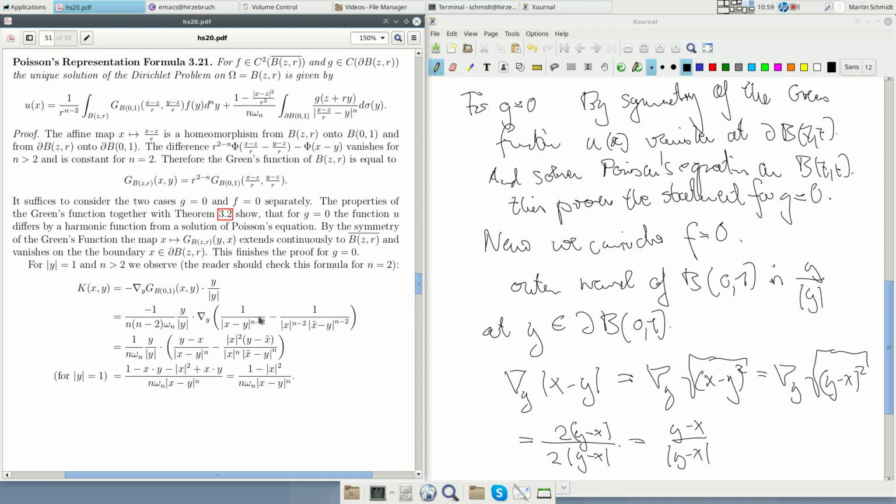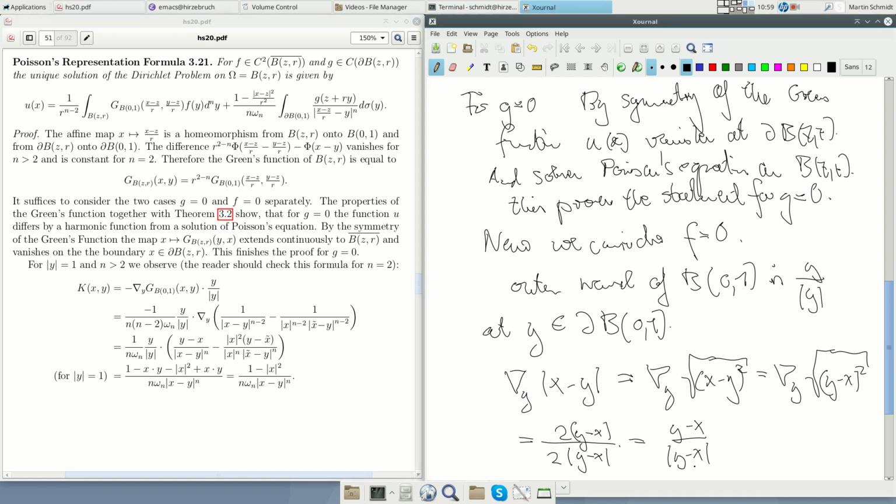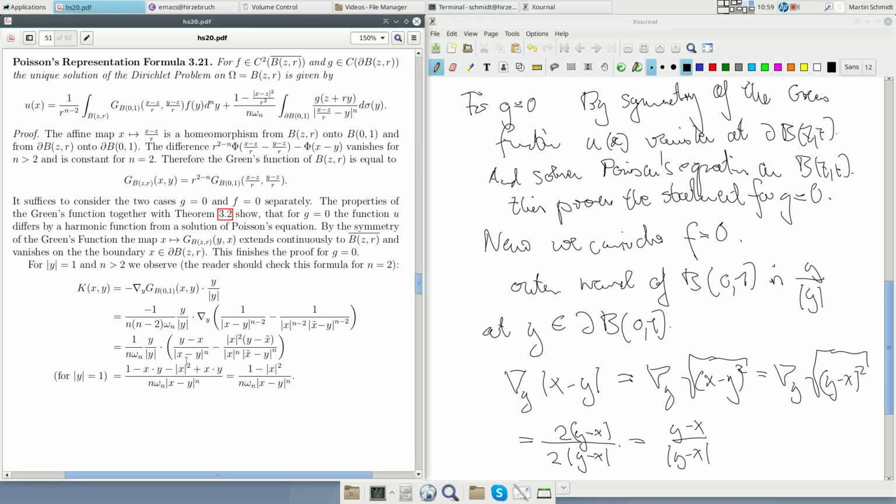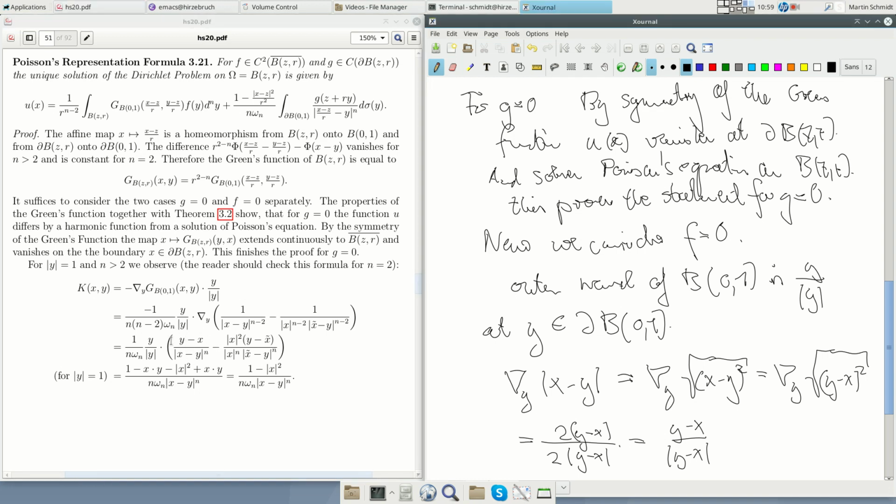The outer function we have to diminish by 1, so we get n minus 1, and together with this factor we get a power of n. So the divergence of this term just gives this, by the chain rule and this calculation.